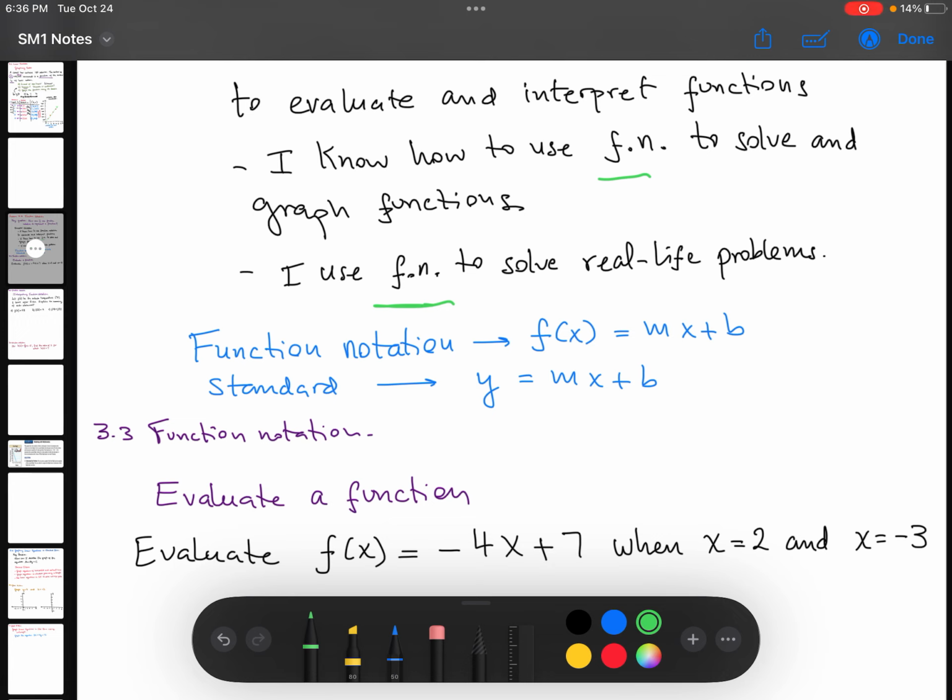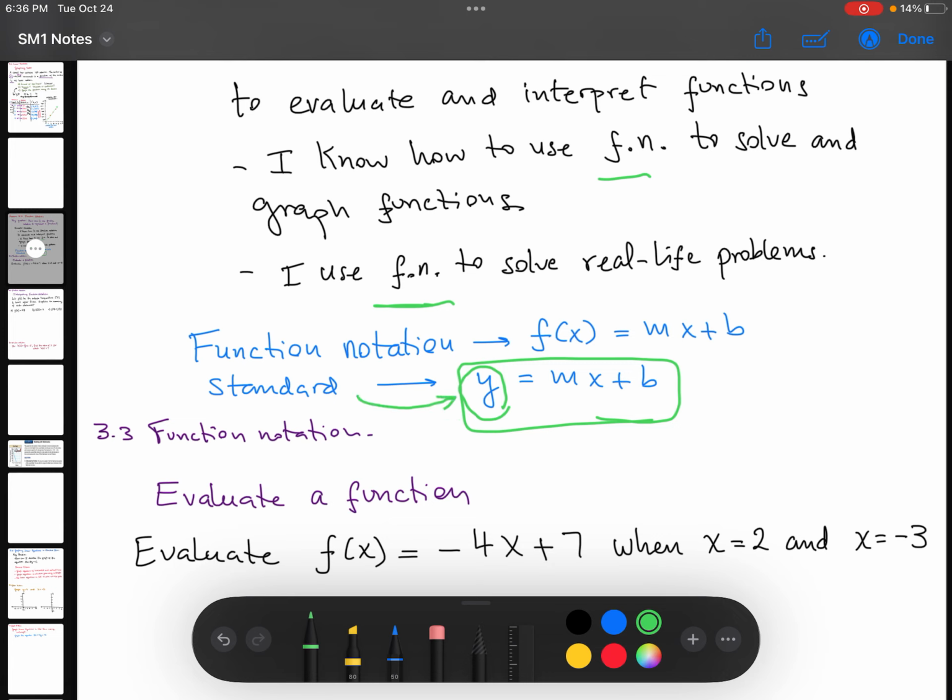So let's begin. One important thing you need to understand in terms of the concept and what it means. Function notation is every time you see the y in the form of y equals mx plus b, which is the linear function, that's what we call the standard form.